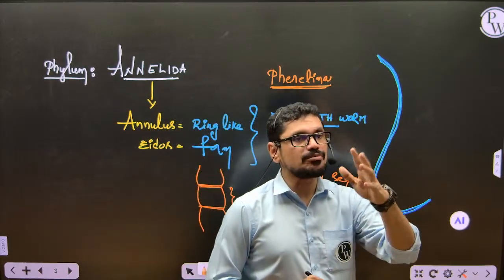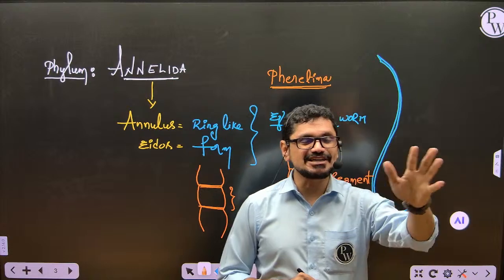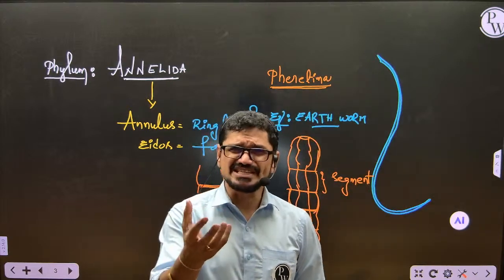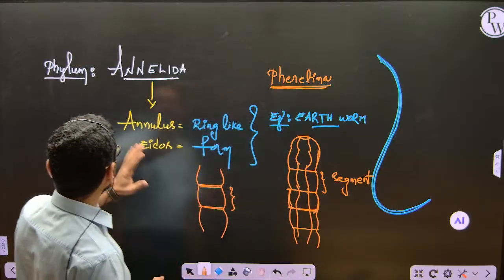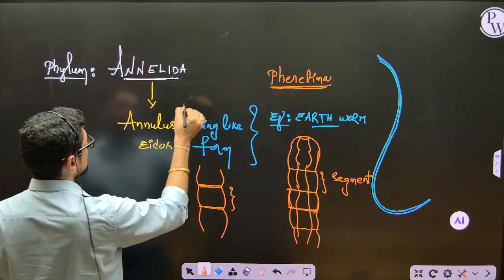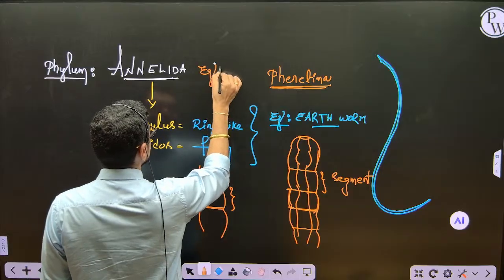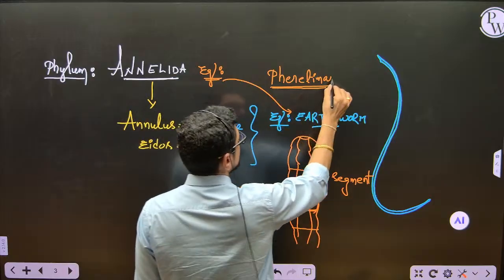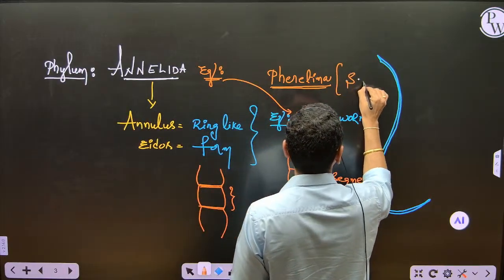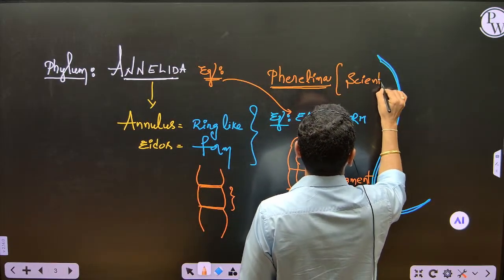Pheretima posthuma. The first one is the genus name, the second one is the species name. What is genus, what is species? Slowly I will explain, but now initially, phylum Annelida example: earthworm. So this is the common name, and Pheretima is the scientific name.